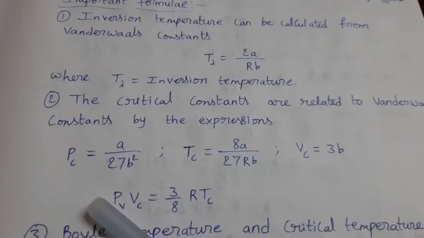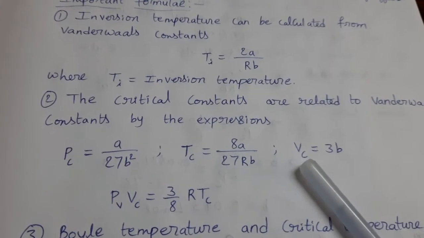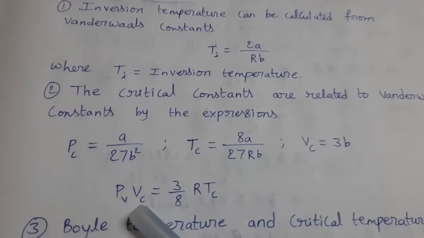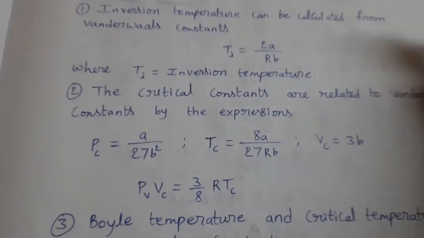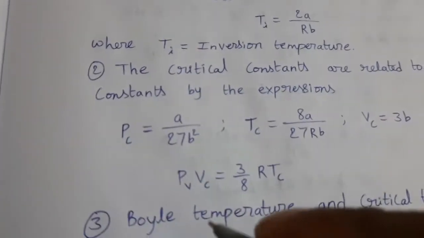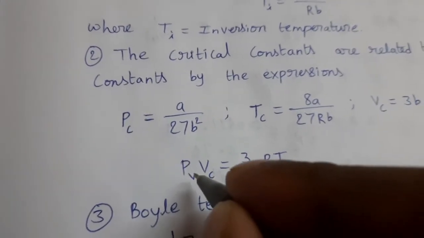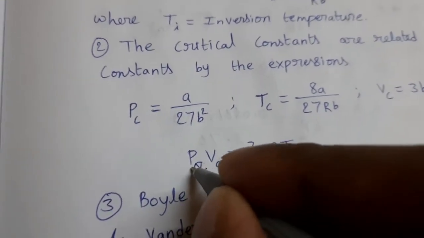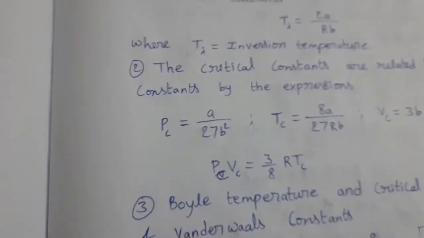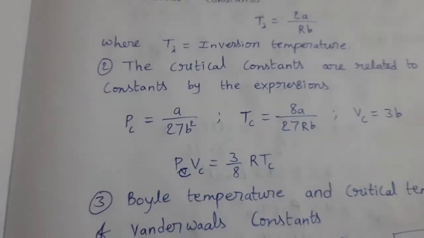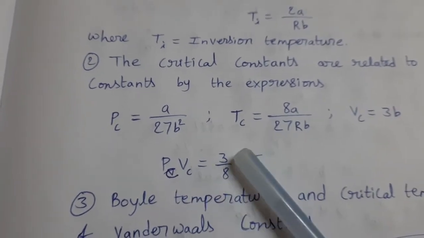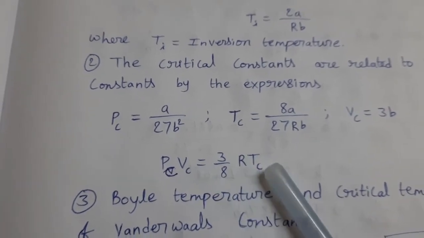These Pc, Tc, Vc are related to one another as PcVc equal to 3 by 8 of RTc.